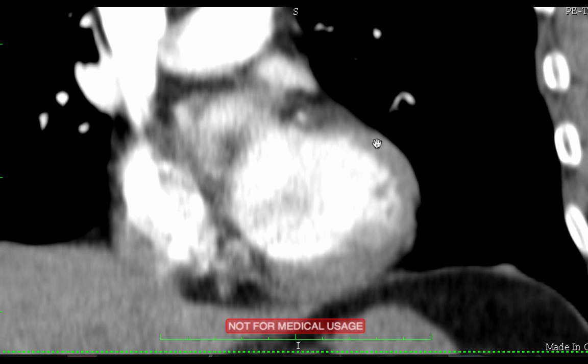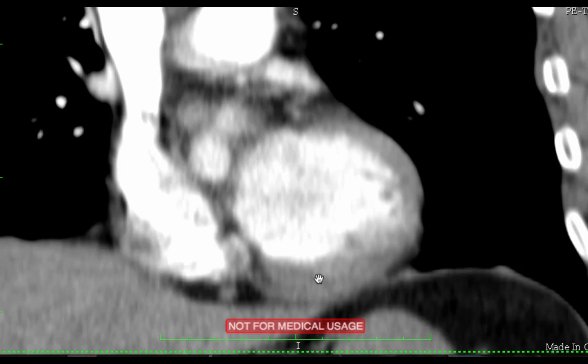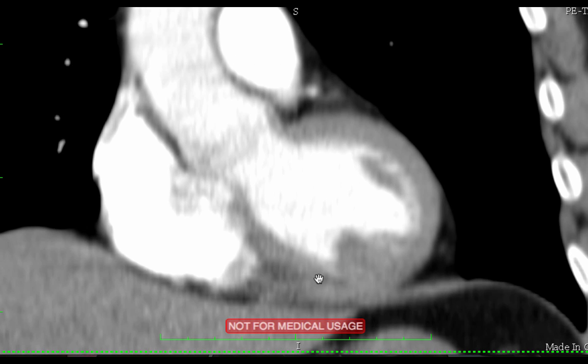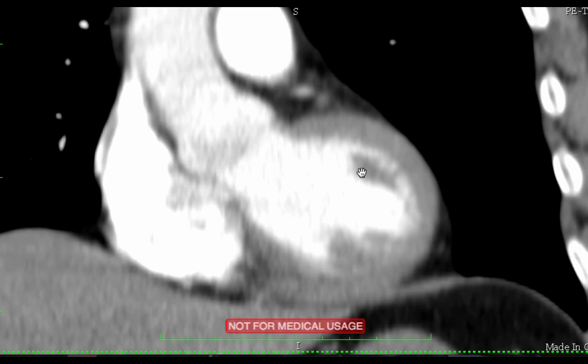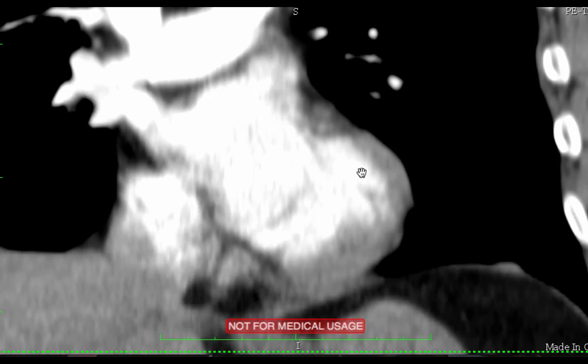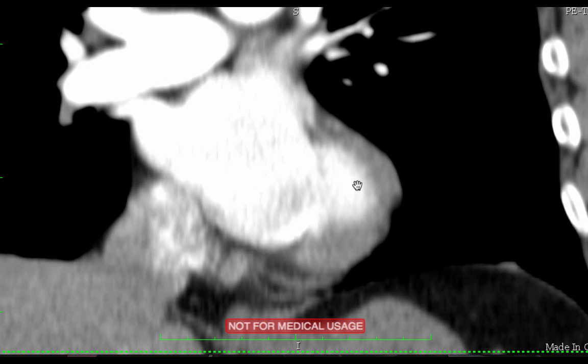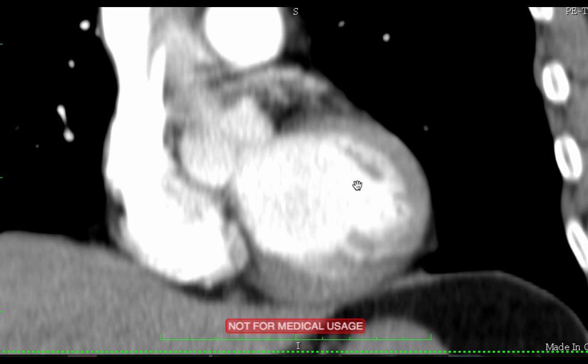You see the thick wall of the left ventricle, the thick myocardium of the left ventricle, and the papillary muscles. And then as you go away from this connection of the left atrium to the left ventricle, you see the left ventricle goes to the aorta. Okay, and here's the SVC. And then where is this blood going?